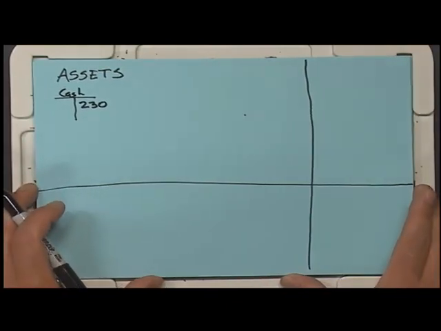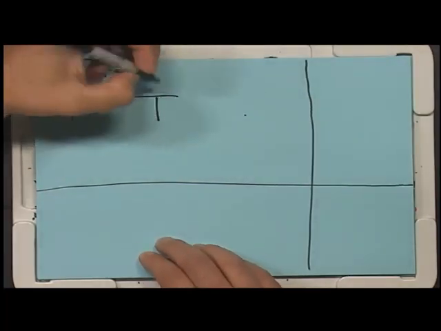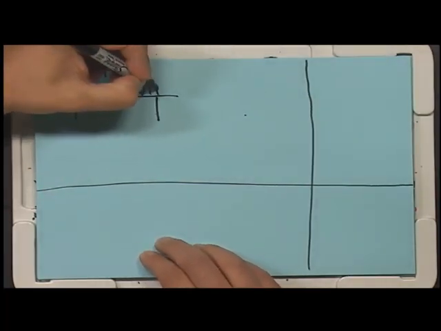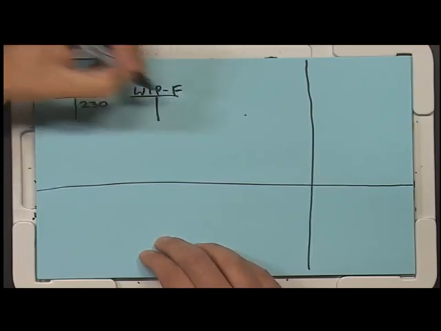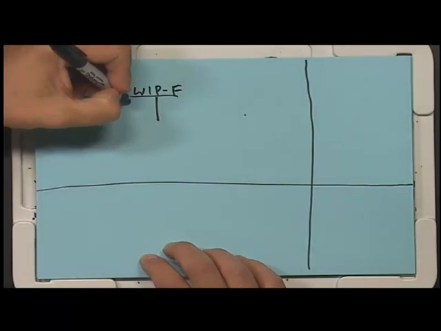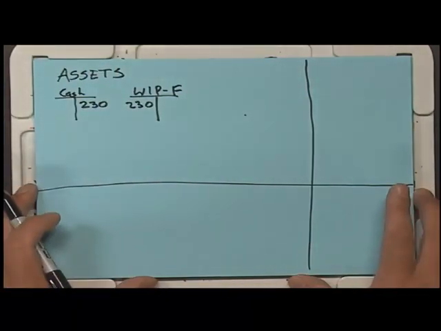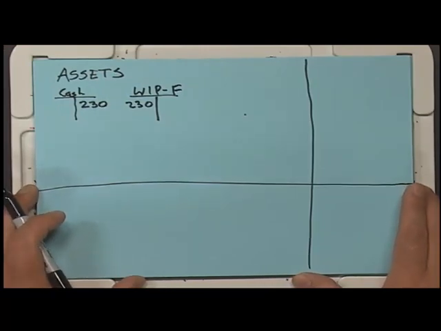Now, where is that going to go? The first place we're going to put that is in the work in process account for the fabrication department. So they spent $230 and they ended up with an asset, some parts that they fabricated for $230.